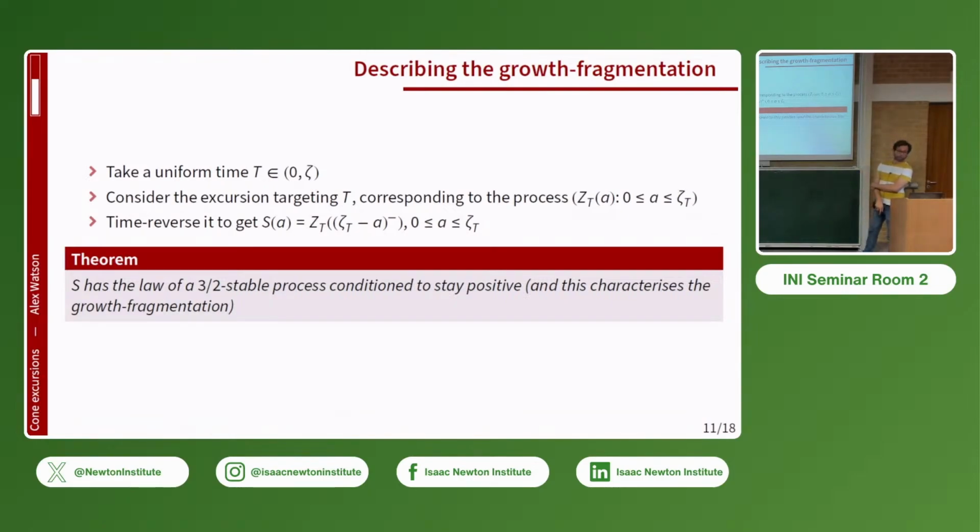Maybe it's believable, and I won't spend too much time on it, that this does characterize everything. Because if you think about what we're doing here, if I want to characterize the distribution of this whole branching system, well, I've got branches towards all these different points, and what I have here is a branch towards a random point, but that random point could be any of the other ones, right? So there's a positive probability, or I suppose a positive probability density, that this random time is actually a particular fixed time t, or lies inside a certain time interval.